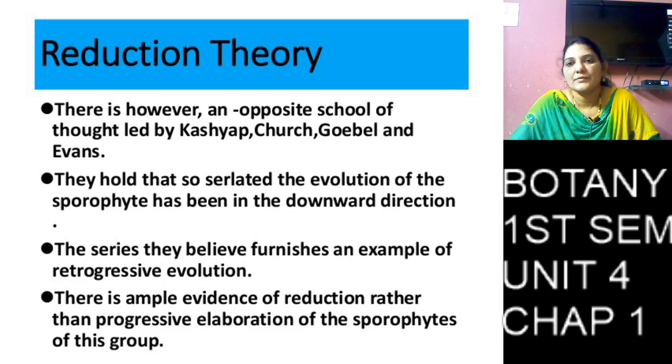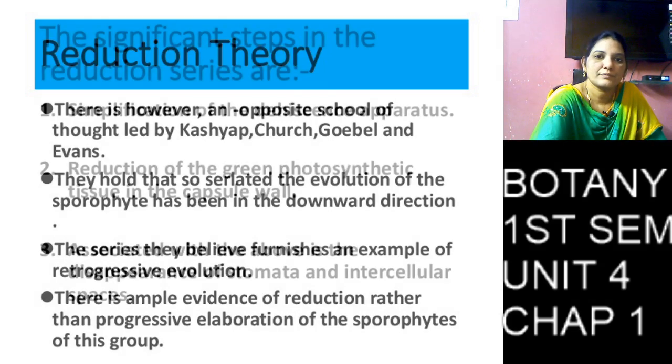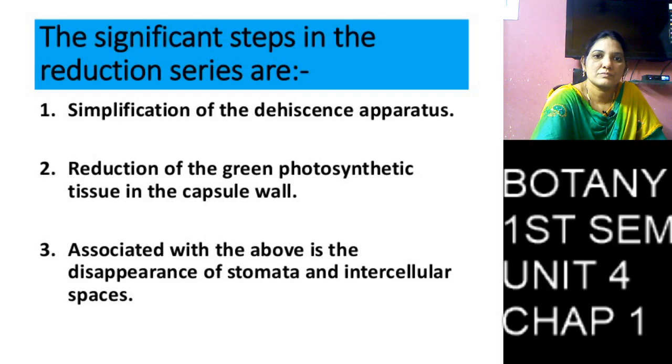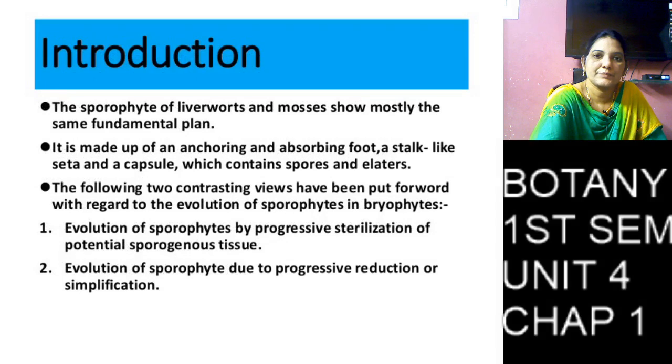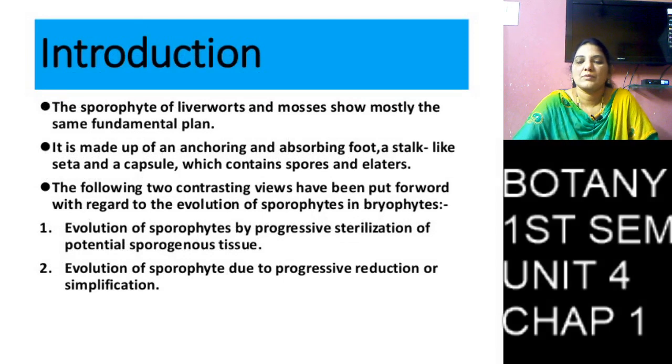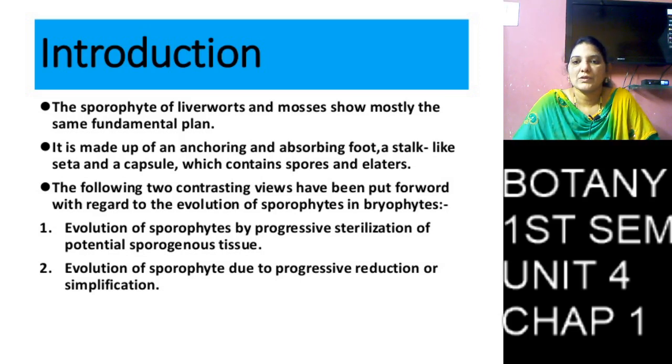Riccia is a round-shaped structure and has only one capsule. So this is the regressive theory and the progressive theory. The progressive theory is based on simple to complex, and the regressive theory is based on complex to simple. Thank you.